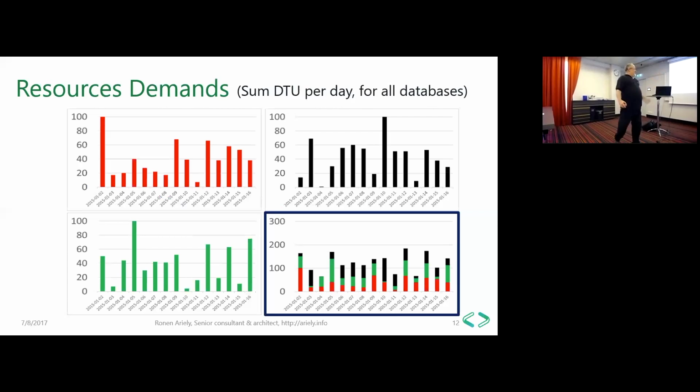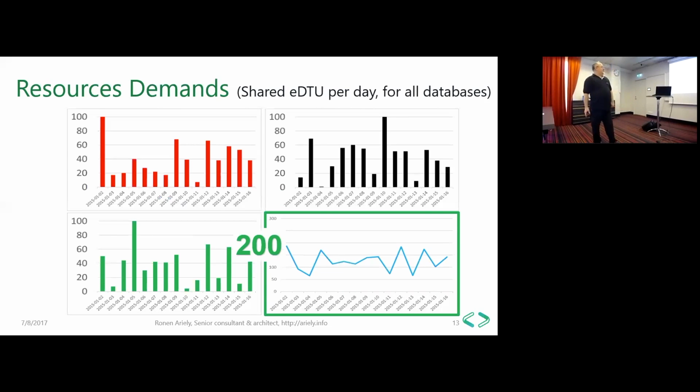Okay, so if we actually check the math, we will see that we do not use more than 200 resource units in total. So the question is, why not manage those databases as one entity and share the resources? And this is exactly what we have if we are using the new option of Elastic Pool.